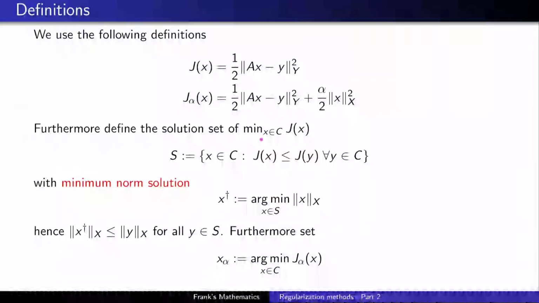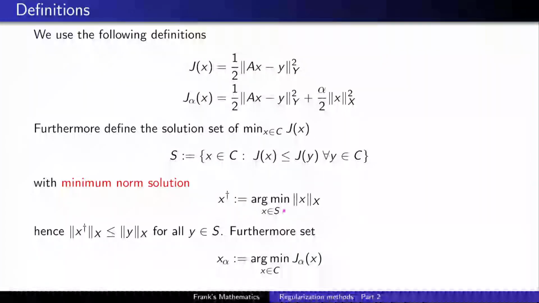And I already mentioned that physicists are sometimes looking for minimum norm solutions or solutions with minimal energy. And this now is formulated as the so-called minimum norm solution. So just take the element of S with the smallest norm, which of course is unique since the squared norm is strictly convex, and then you get the unique solution x dagger of S, if S is of course non-empty.